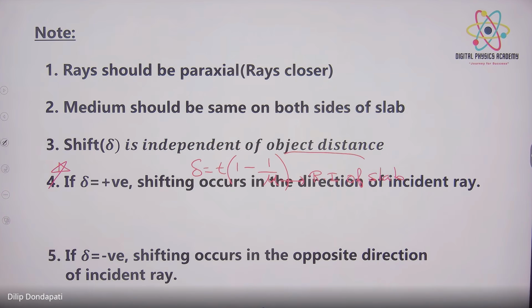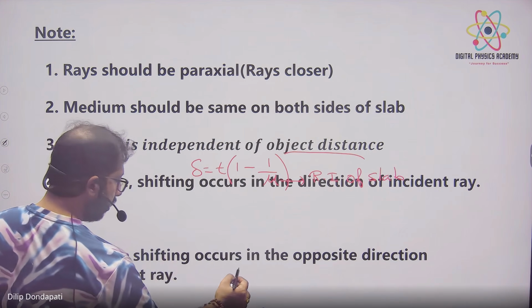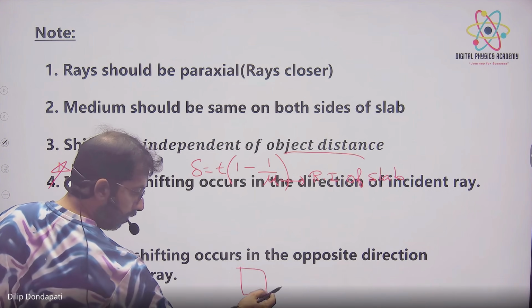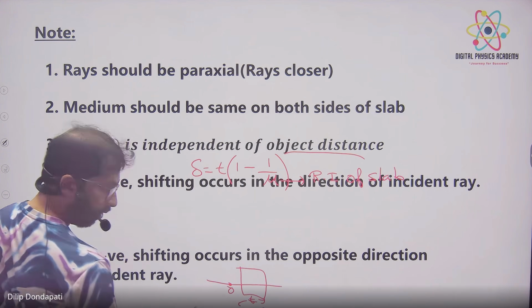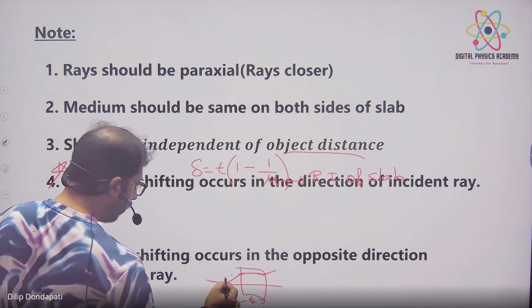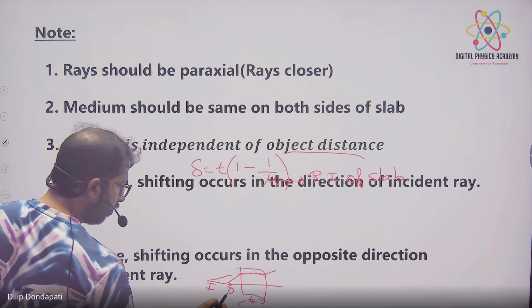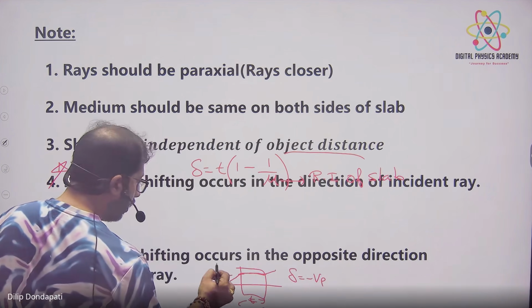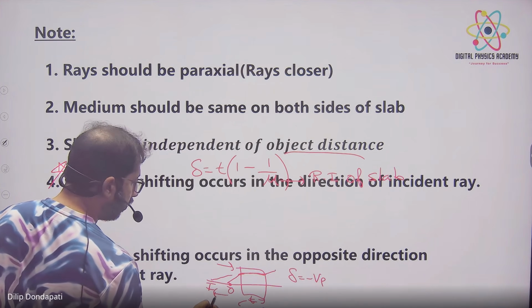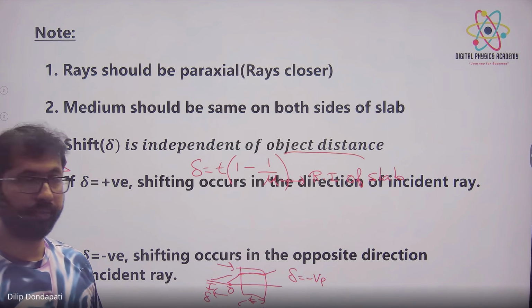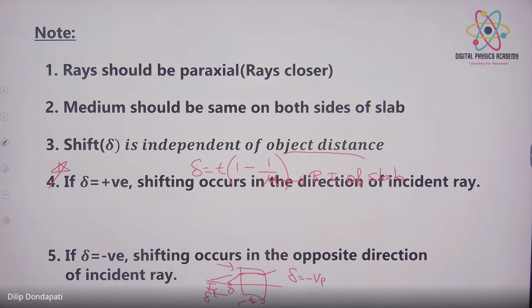So you have seen the first case: a slab of thickness T, suppose the object is here, the ray will bend and you get the image like this. In this case delta will be negative, meaning the shift is in the direction opposite to the incident ray. When will this happen?